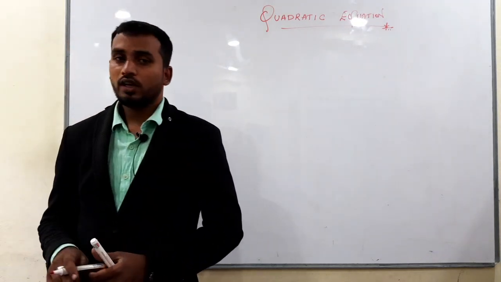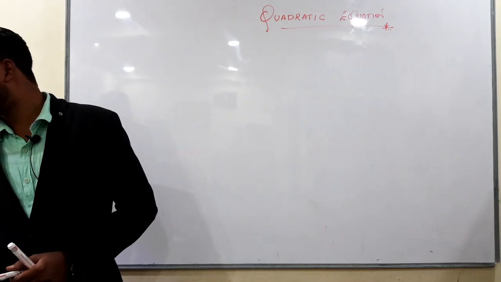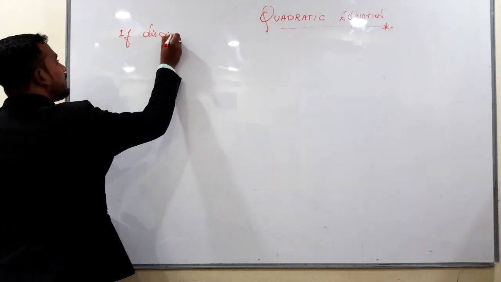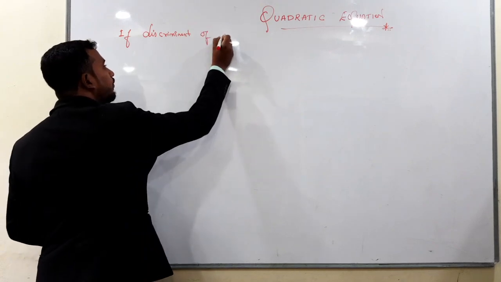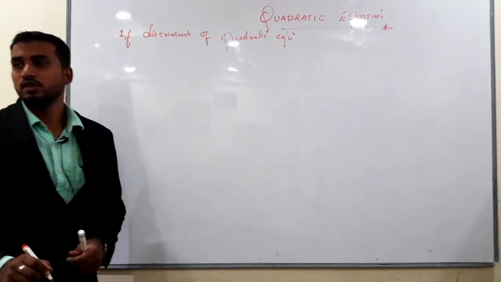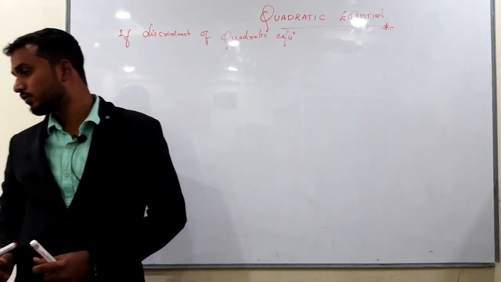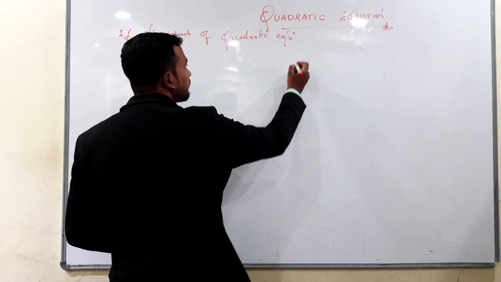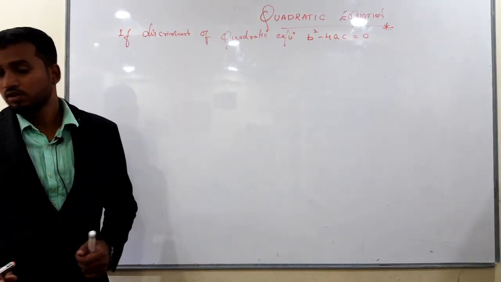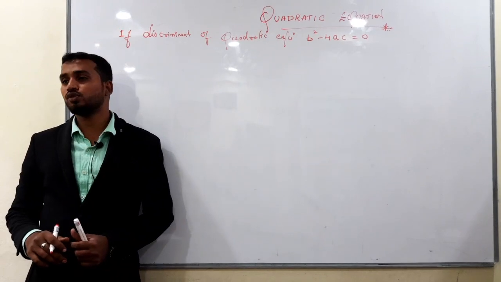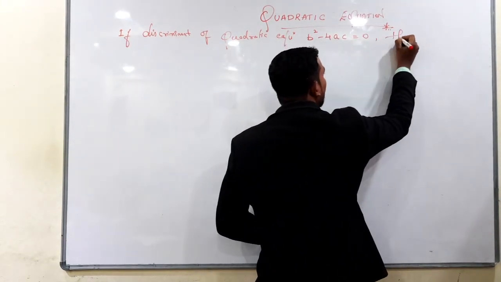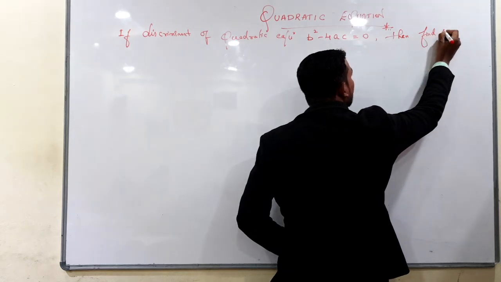If the discriminant of a quadratic equation, b square minus 4ac, is equal to 0, then find its roots.